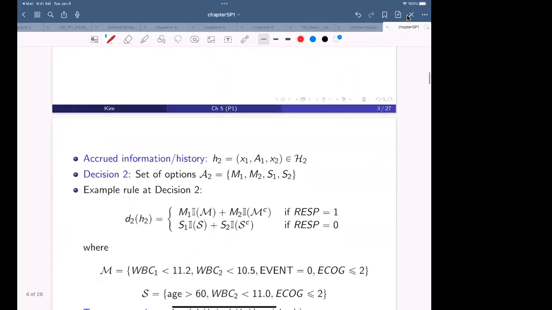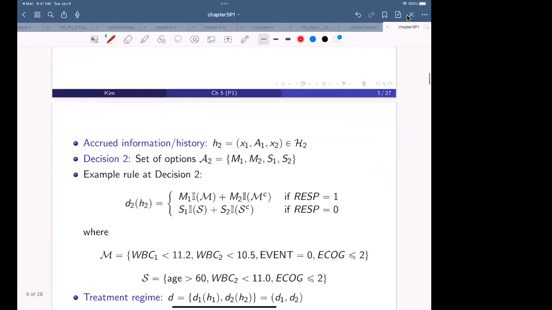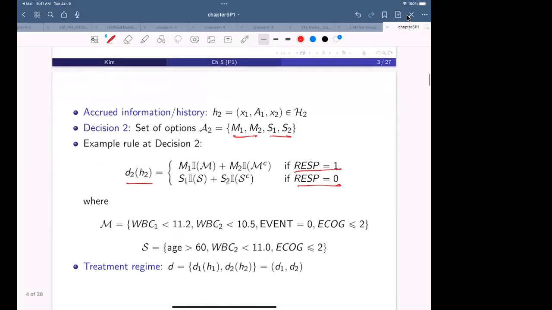Okay, so then you basically have this kind of decision rule. Depending on the status of the patient, the doctor may give a different set of options. That becomes a very interesting decision rule, because it's a kind of interactive decision. So that's basically the idea. The treatment regime depends on history.